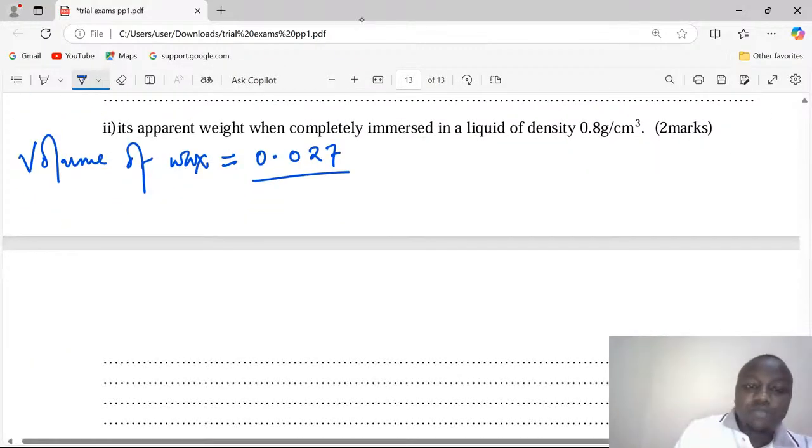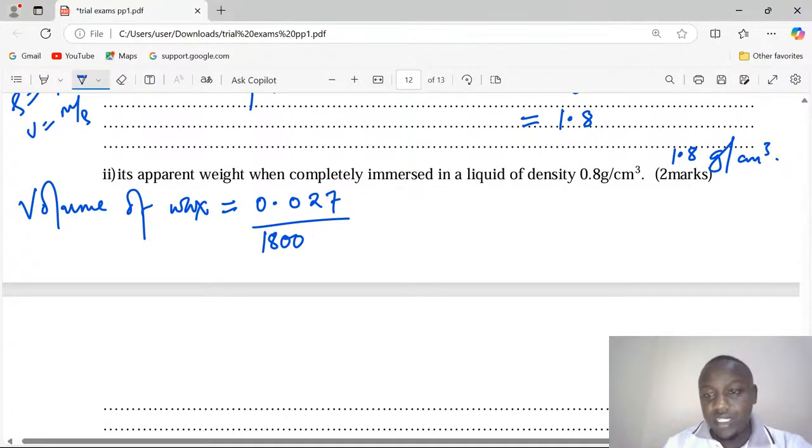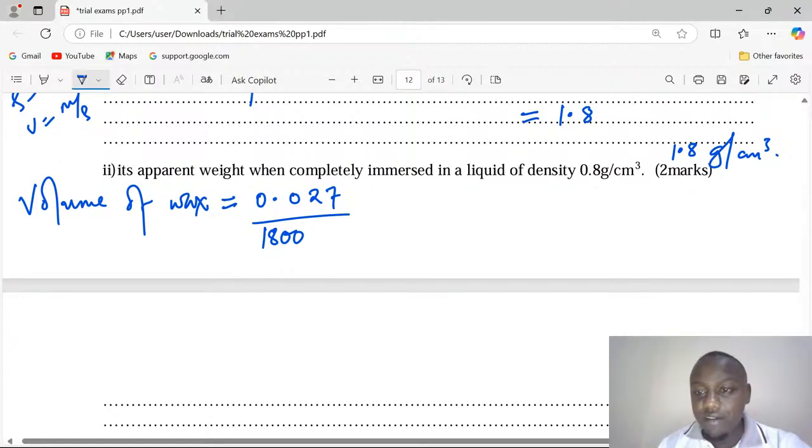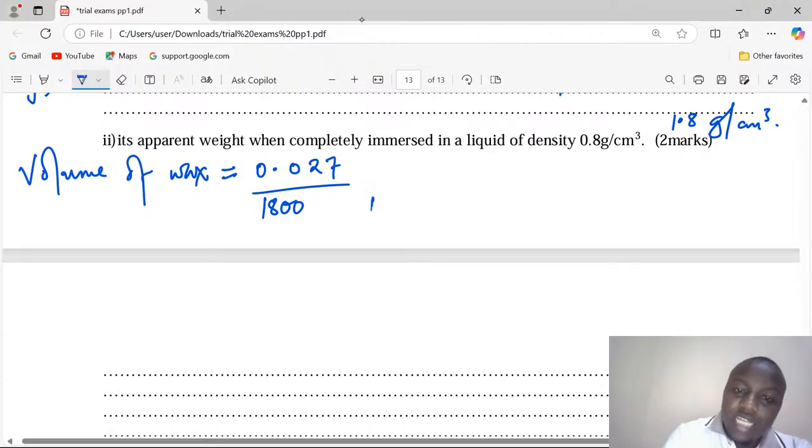Then we divide it by the density. The density of this wax is 1.8 grams per cubic centimeter, which when converted will be 1800. This will be the volume, which means for us to get upthrust, we need the volume times the density.